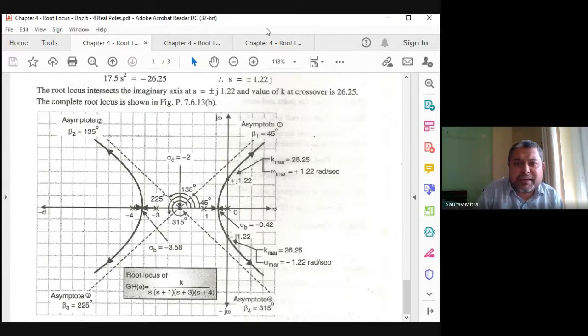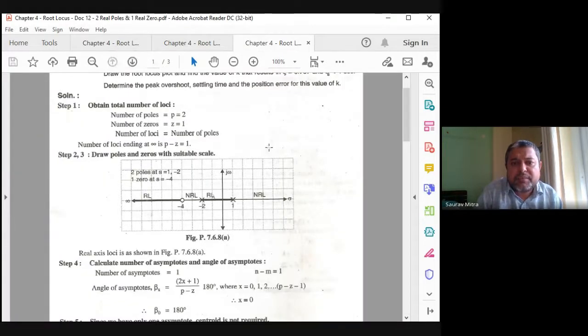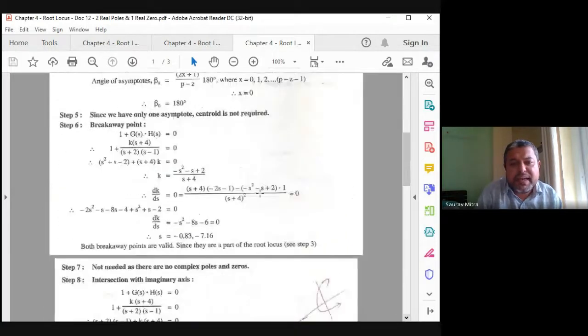Mohit, what I suggest, since you are asking, is to take this characteristic equation and keep putting different values of k and solving. How many values of s will come here? There will be 2 values of s, because it's actually the movement of 2 poles.